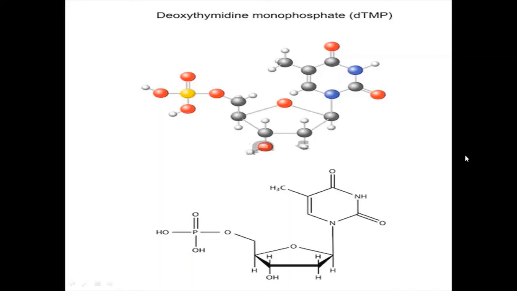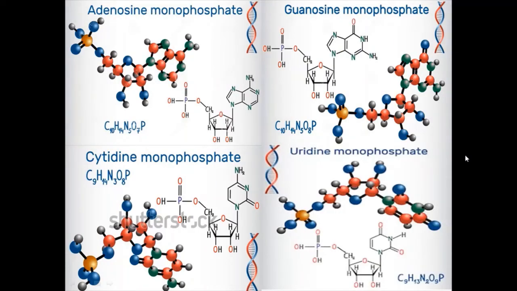Similarly, RNA also consists of four types of nucleotides, namely adenylic acid, guanylic acid, cytidylic acid, and uridylic acid.